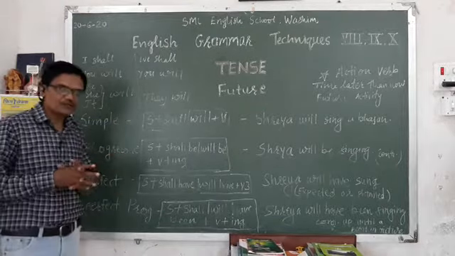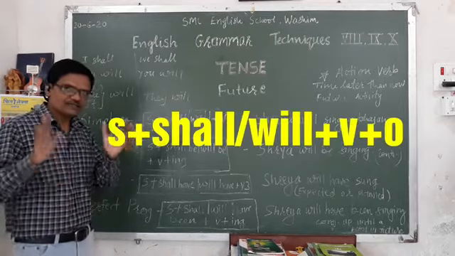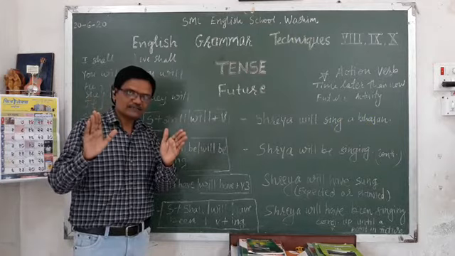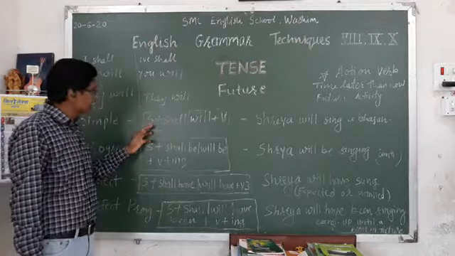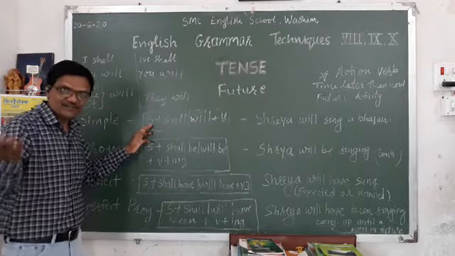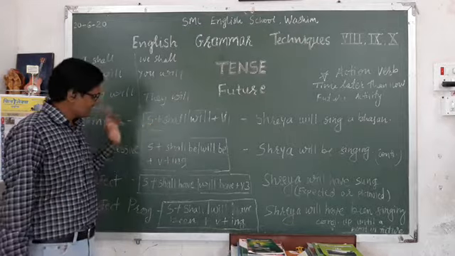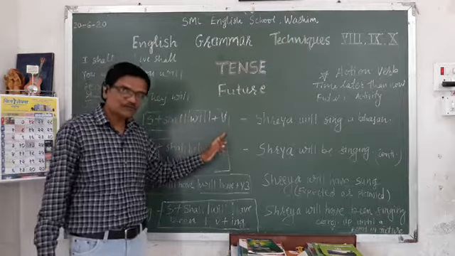In simple future tense, we are going to look at the formula as well, the sentence pattern, the structure of the sentence. In the structure of the sentence, here I wrote subject. What is subject? Subject is the doer of action, right? Subject plus shall, will plus verb.